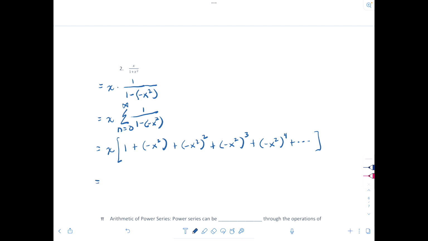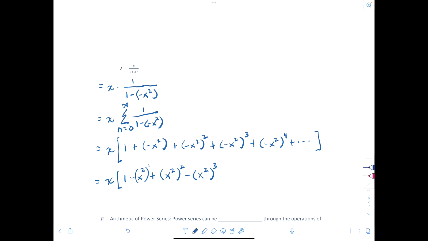So this will be x times 1 minus x squared plus x squared squared. So this is like x squared to the 1. And then we're going to have minus x squared cubed. Cool so far?